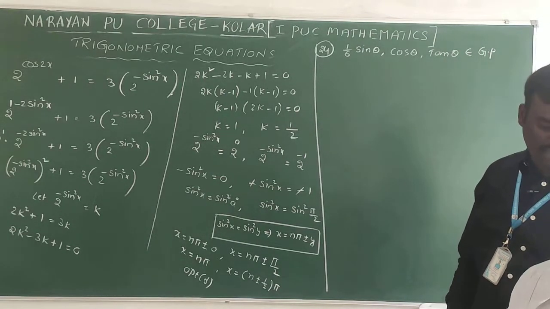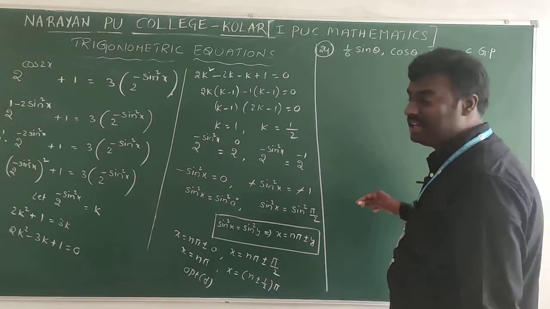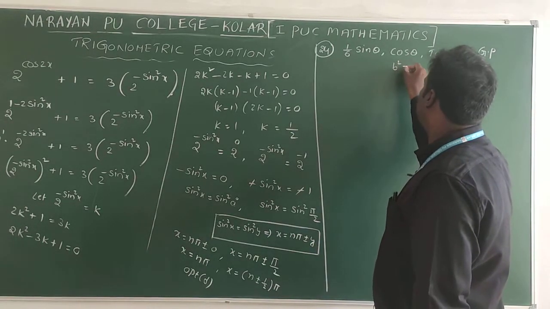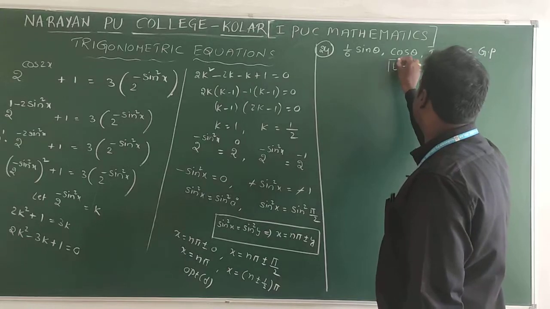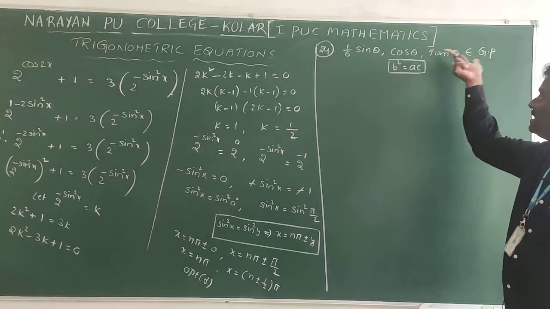Then we need to find the tan theta value. See, in GP, as we already discussed, the condition B square is equal to AC is a condition for geometric progression. This is A, this is B, this is C.